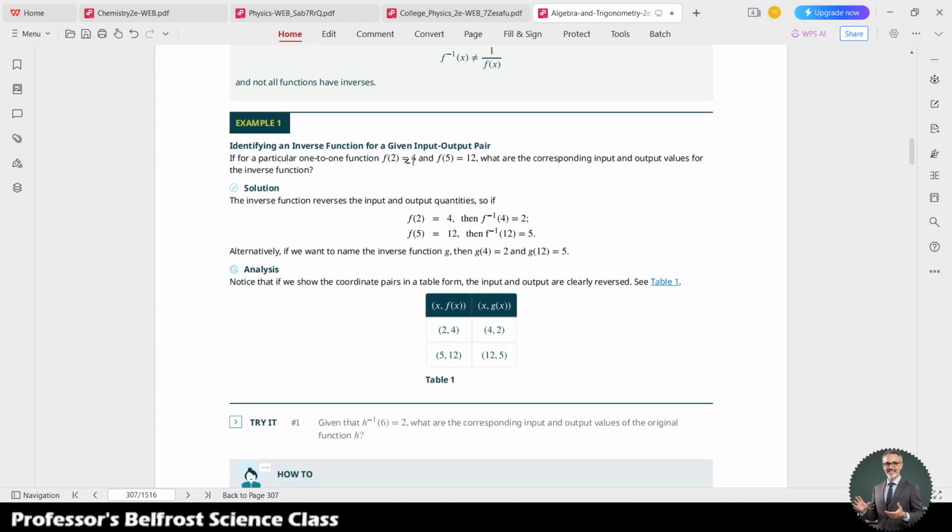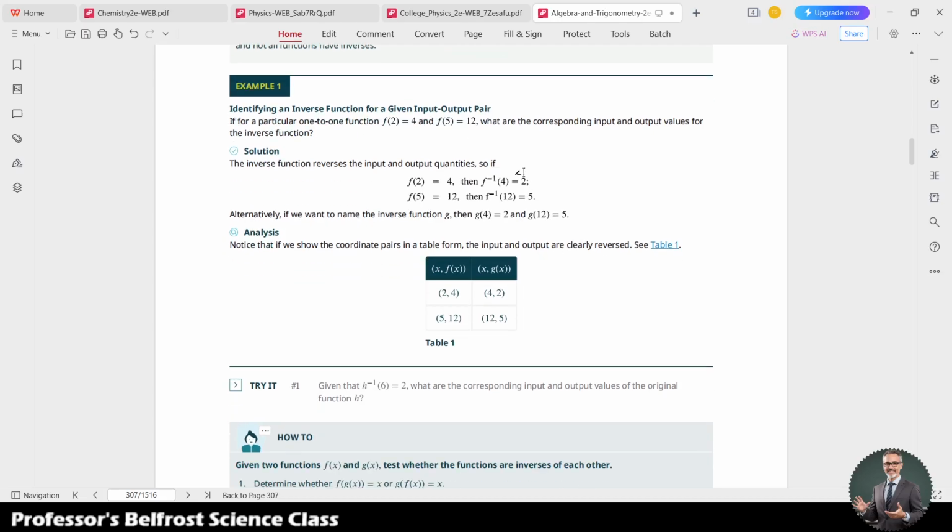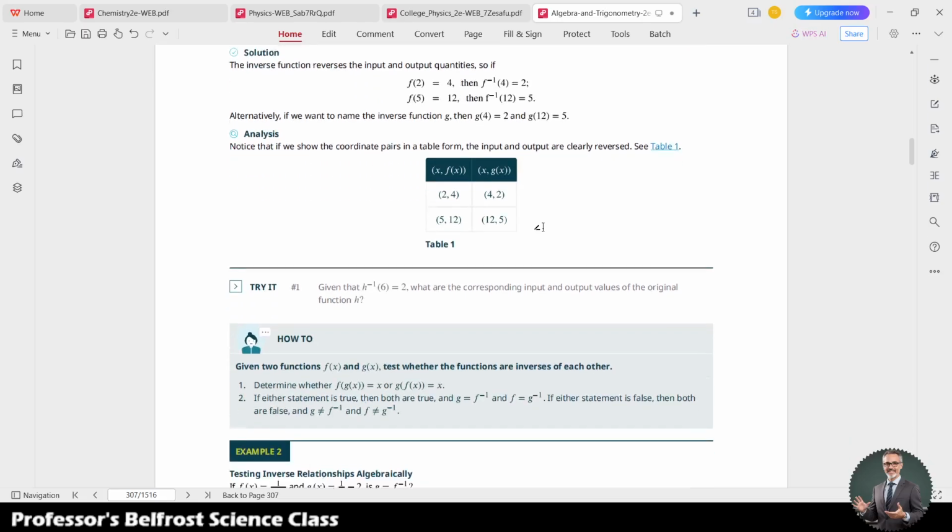It means that f inverse of 4 equals 2, and f inverse of 12 equals 5. So taking for example the inverse function f minus 1 as g, g(4) equals 2 and g(12) equals 5.